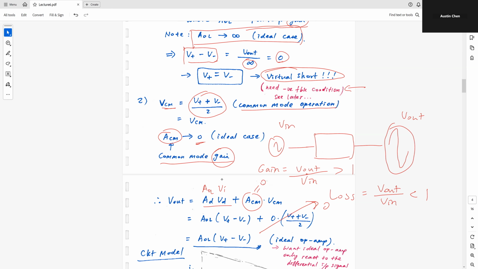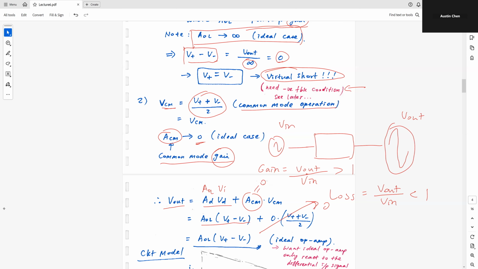So in an ideal op amp, I want my op amp to react only to the differential mode, to the differential input signal. Based on this equation, I have AD times VD, which is AOL times V plus minus V minus.